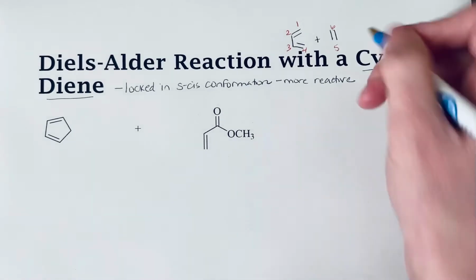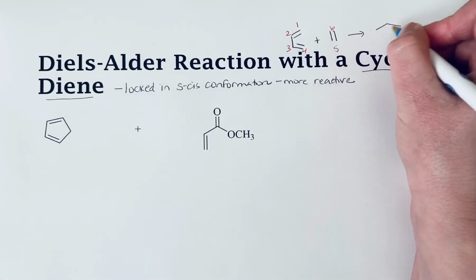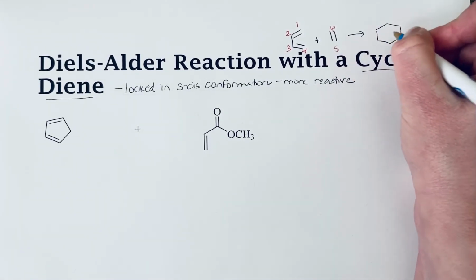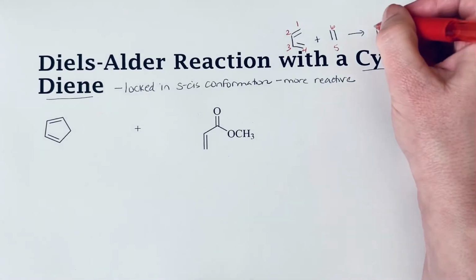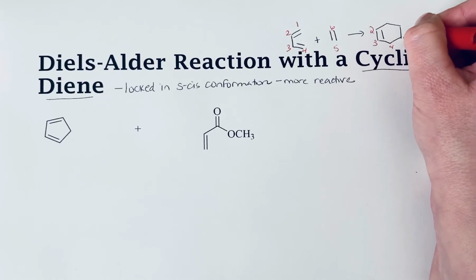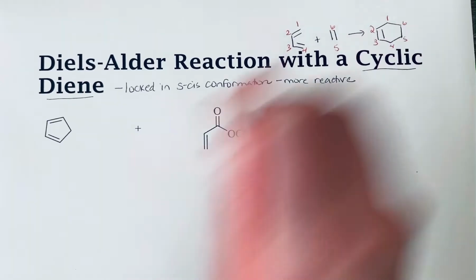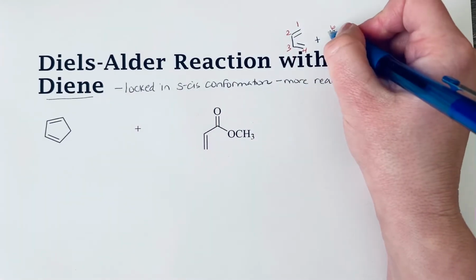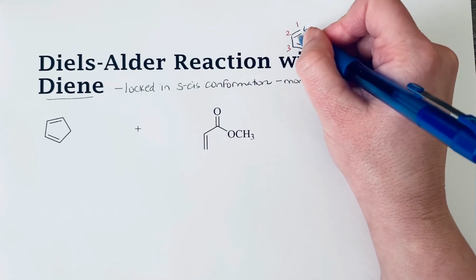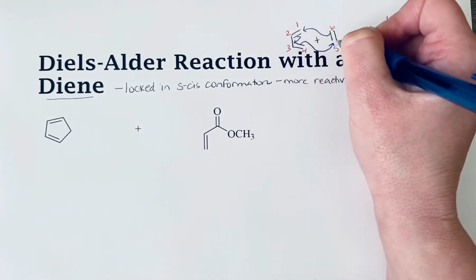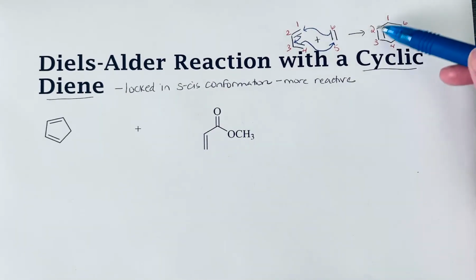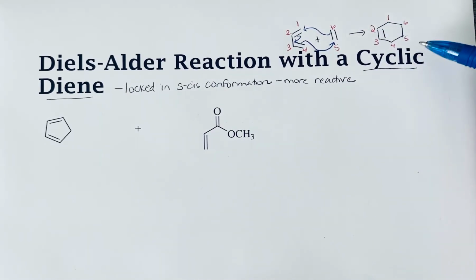And this reaction is always going to give you a 6-membered ring with a pi bond between carbons 2 and 3. So I will number these, and we can draw in the arrows. This is a cycloaddition reaction, and it always occurs the same way. So it's really predictable in terms of coming up with the product.